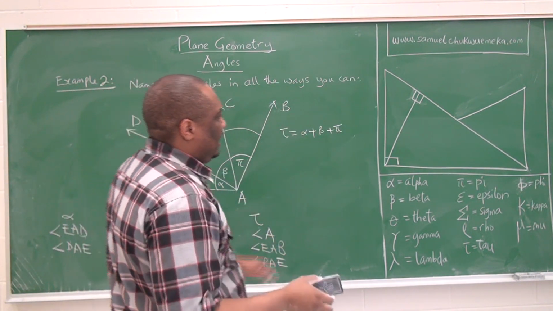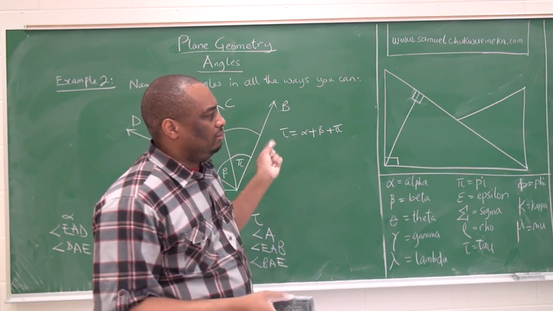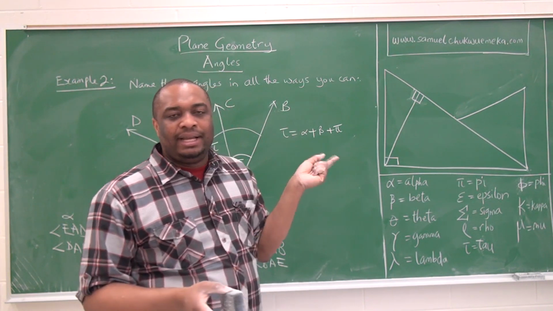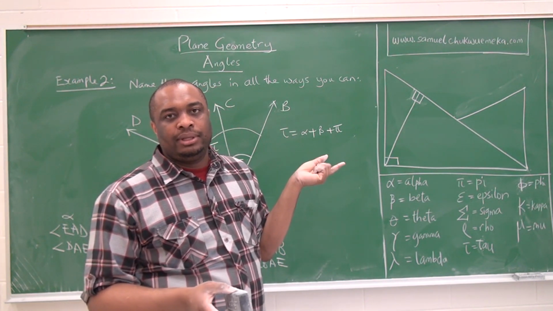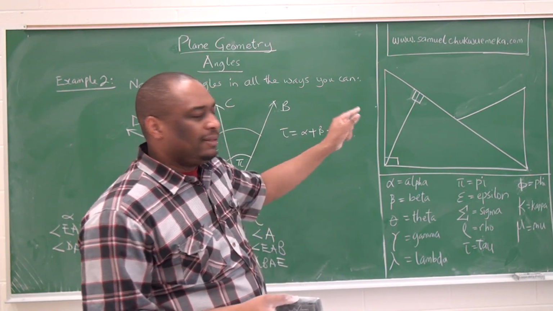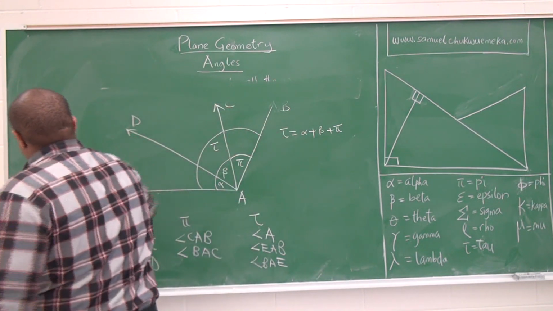Now, let's go ahead and do this figure. Probably this might be the last example we'll do. Let's identify the types of angles. We've done examples on naming angles, so let's identify types of angles in this figure, and then we'll call it a day.